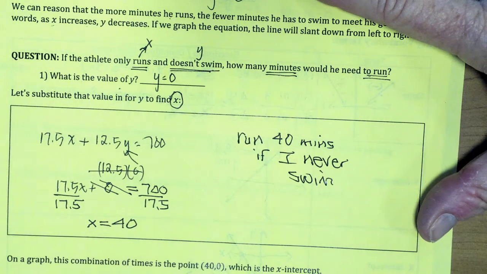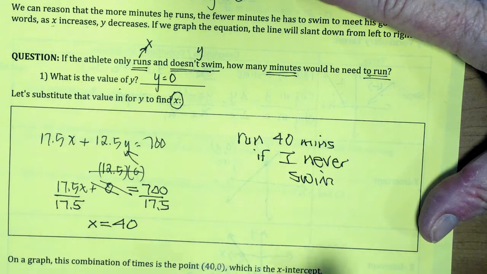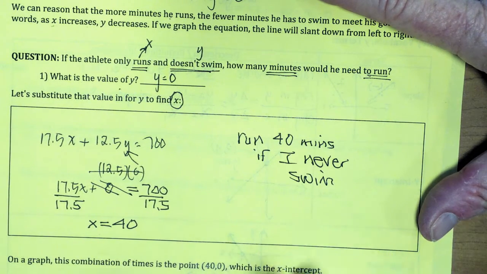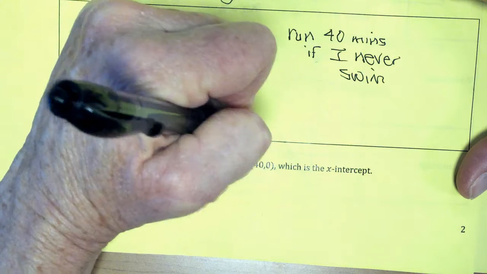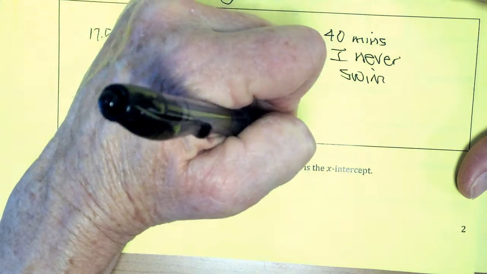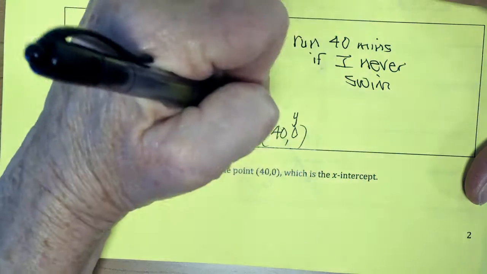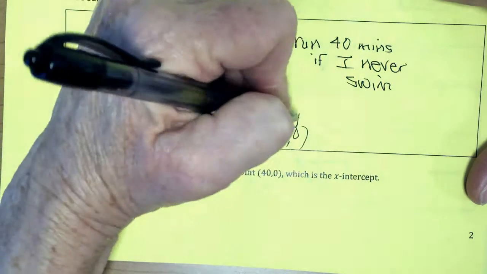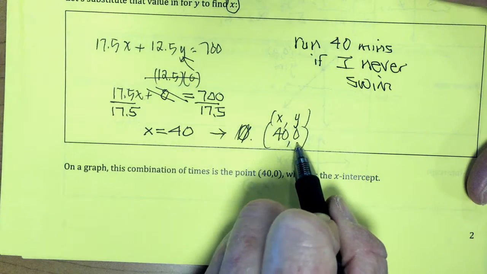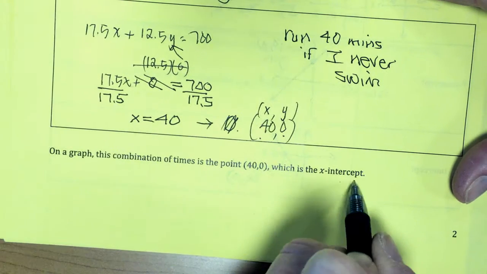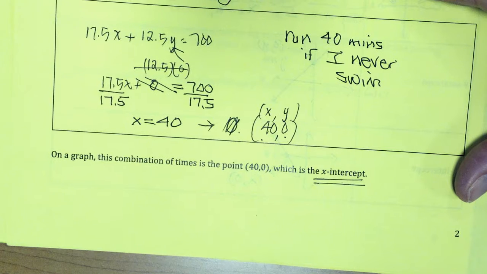Or this athlete never swims, right? That makes total sense. So on a graph, and think about it, what's my ordered pair here? My ordered pair is 40, 0. How do we know that? Well, I made y 0 and x is 40, so that is most definitely the x-intercept.